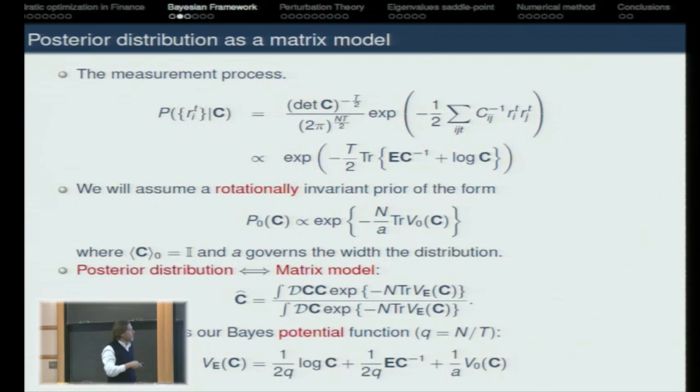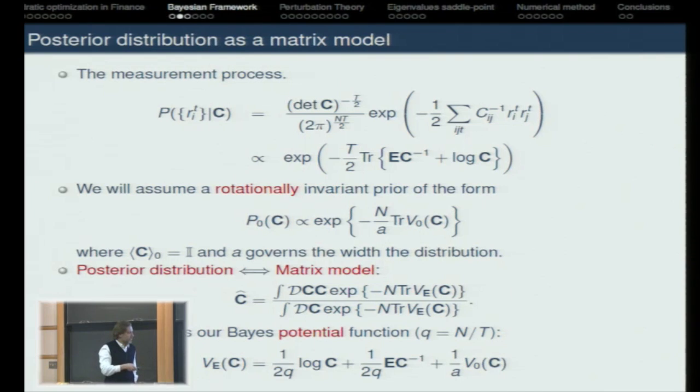Okay, and so now what I need to do. The best estimate of the true matrix is going to be the expectation value of C in this matrix problem, where I have a potential now, which is given by this. So there are two terms that come from what I call the measurement process, and one term that comes from the a priori distribution. But this potential is not rotation invariant.